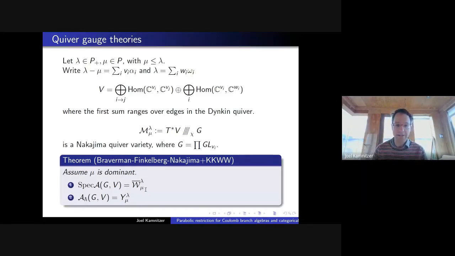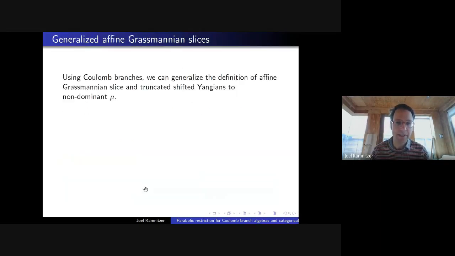But naturally, this W^lambda_mu only works when mu is dominant. So this theorem gives you a way to define them when mu is not dominant, and they're called generalized affine Grassmannian slices. Using these Coulomb branches, we can now generalize the definition of these affine Grassmannian slices and the truncated shifted Yangians to non-dominant mu.